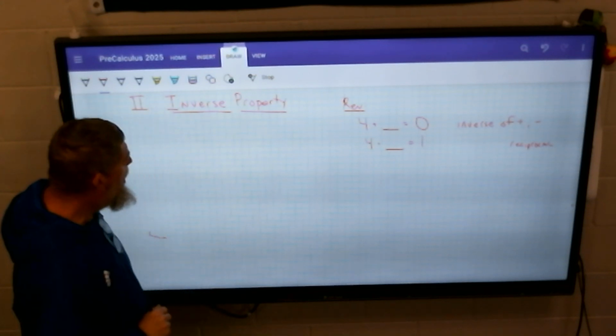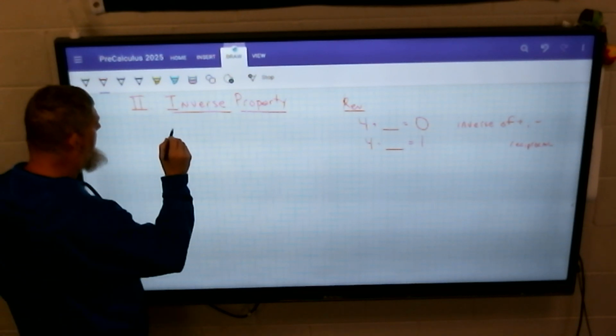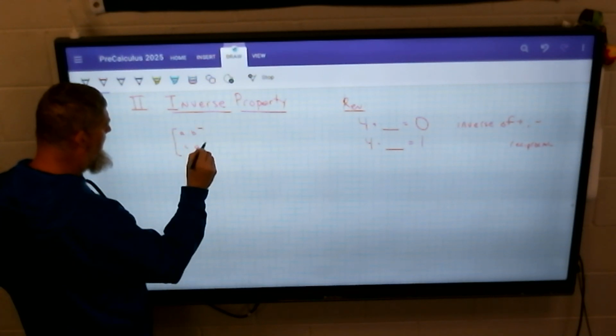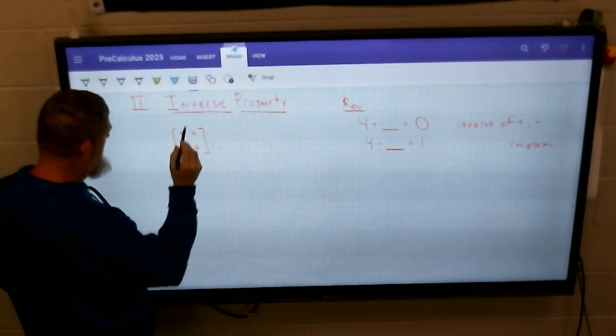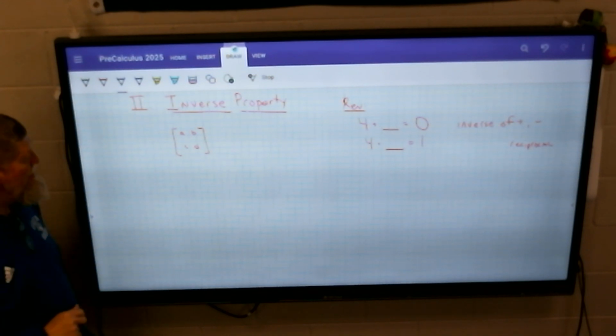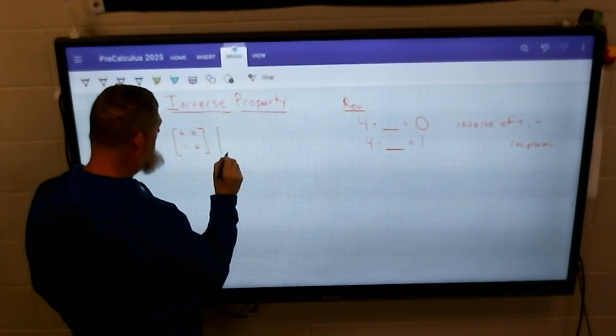Okay? So what about inverses of matrices? I'm going to take a matrix, A, B, C, or D. Then we're going to multiply it by some matrix.